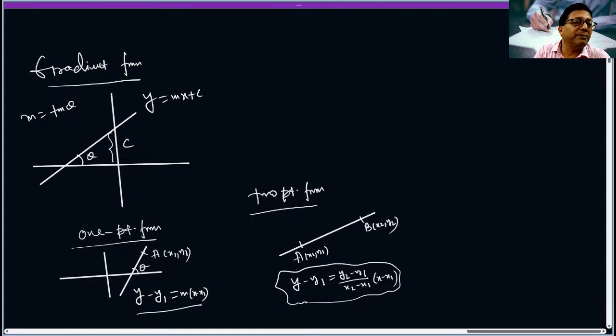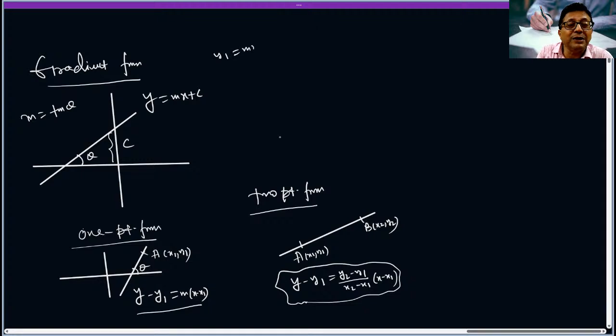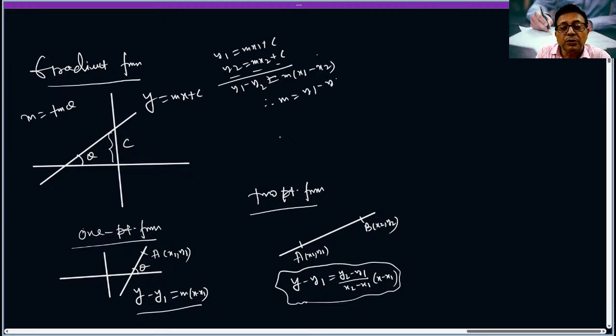If you put the value of m, c we have to find by passing it through a point x1 y1. It will take time but can be solved. You pass it through 2 points. It will be y1 equal to mx1 plus c and y2 equal to mx2 plus c. You subtract, then y1 minus y2 will be what? M into x1 minus x2. M we found y1 minus y2 by x1 minus x2.